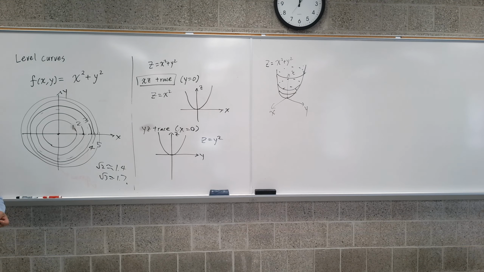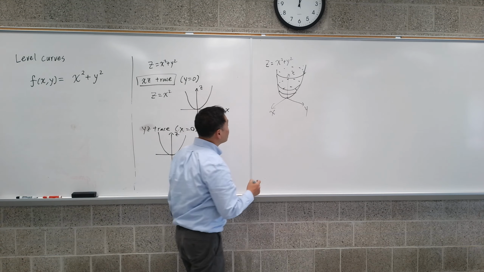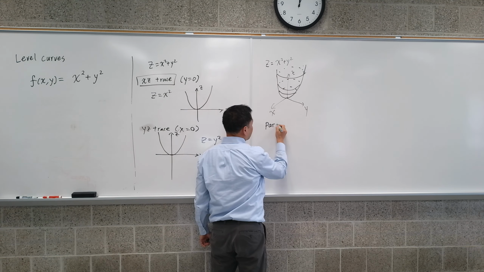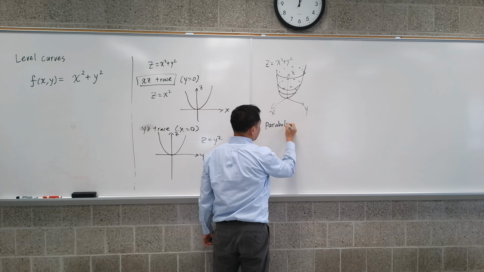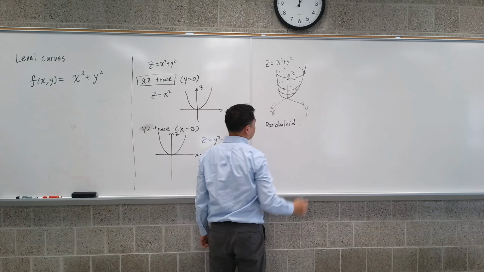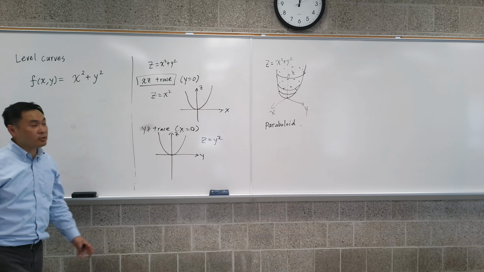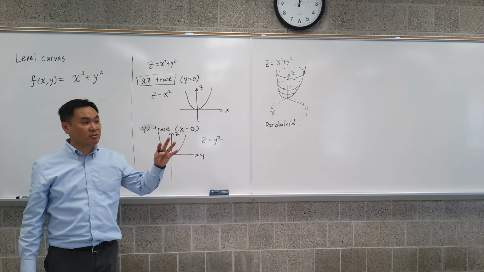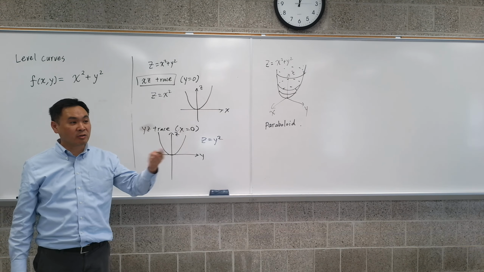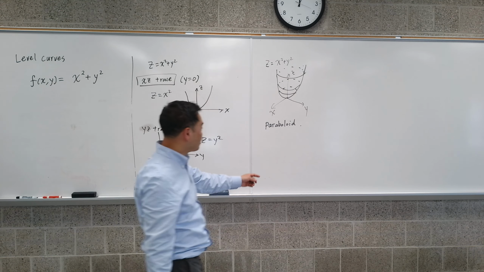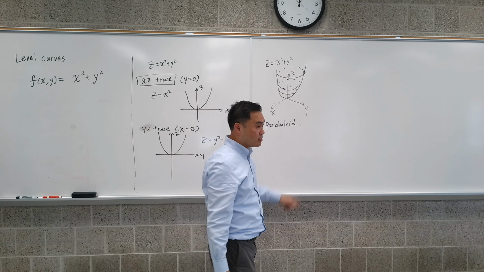So that's the graph of z equals x squared plus y squared. This is known as a paraboloid. Usually if you get an object by rotating one around the other, you name it with oid. Okay.